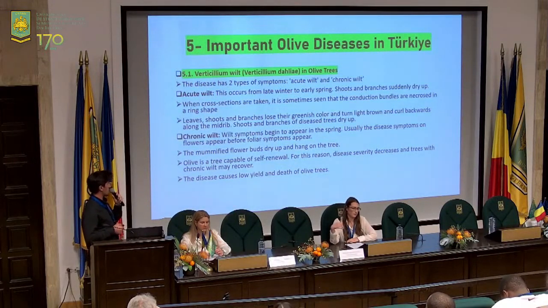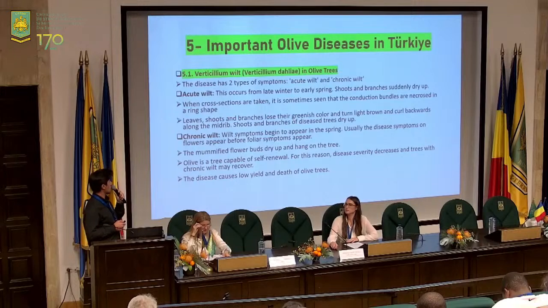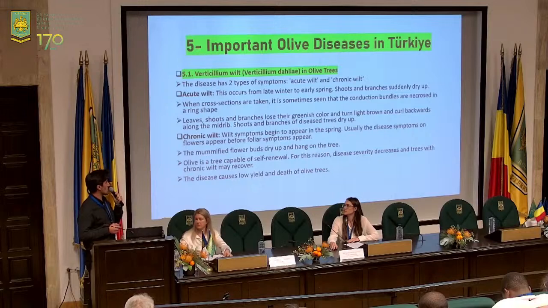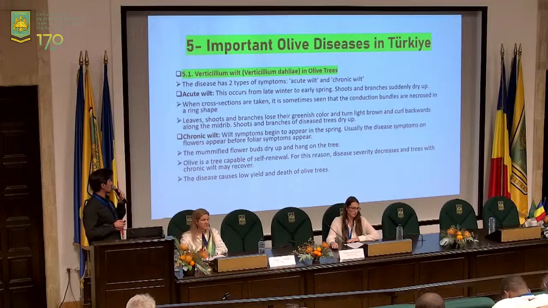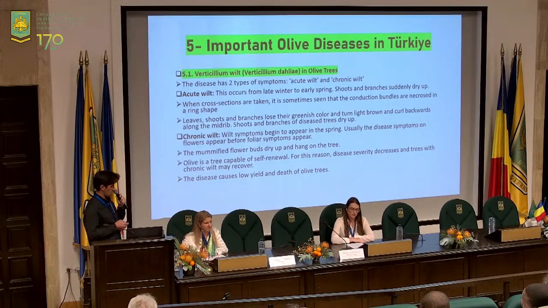Important olive diseases in Turkey. One: Verticillium dahliae. The disease has two forms of symptoms, acute wilt and chronic wilt. Acute wilt occurs from late winter to early spring; shoots and branches suddenly dry up. Chronic wilt symptoms begin in spring; usually disease symptoms on the leaves appear before flower symptoms appear.